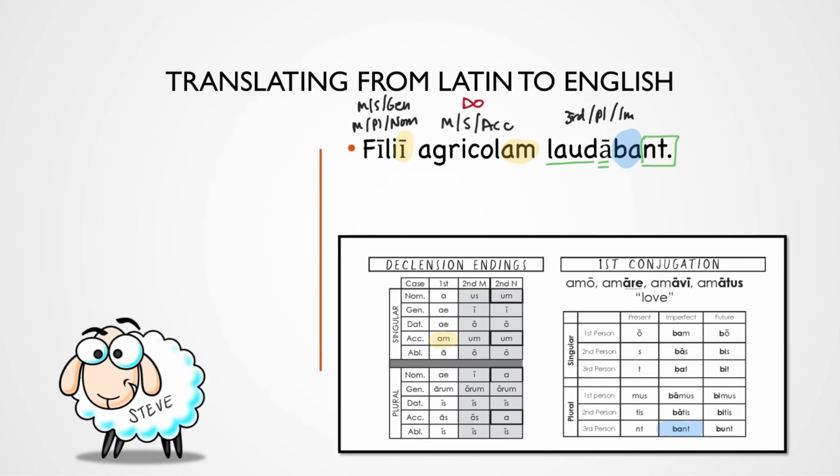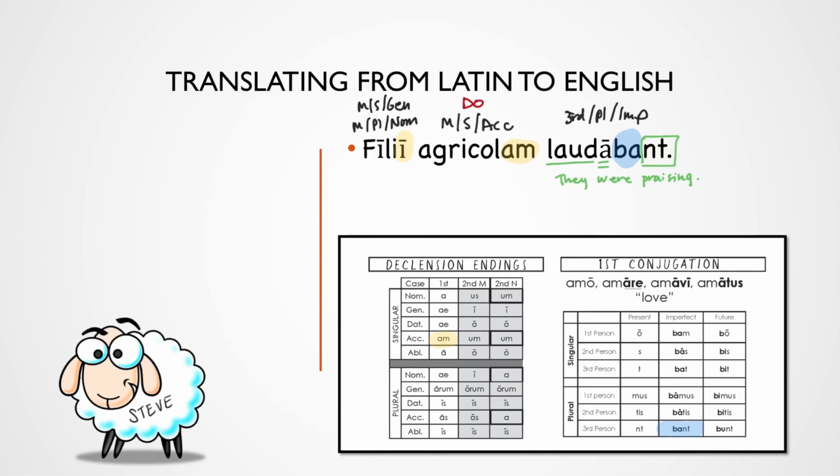Cool. Okay, first of all, for this verb, let's just translate it as if it was there by itself. Remember, a lot of verbs, at least Latin verbs, can be translated as if it was its own sentence. So if we were to just translate it by itself, it would be, they were praising. Okay, now we have to decide whether or not we're going to replace they. Okay, first, let's try out the genitive singular on filii and see if that works out in our sentence.